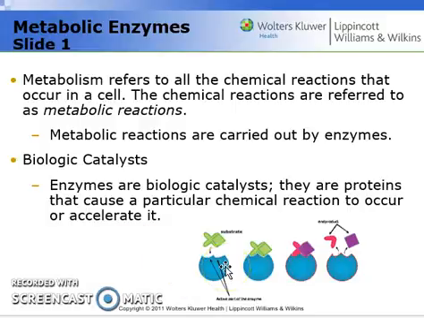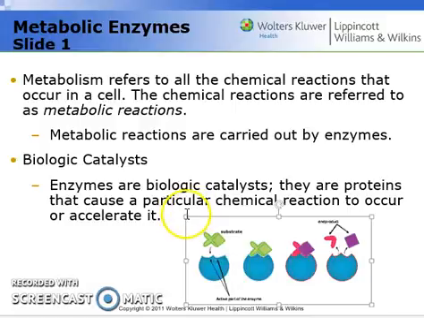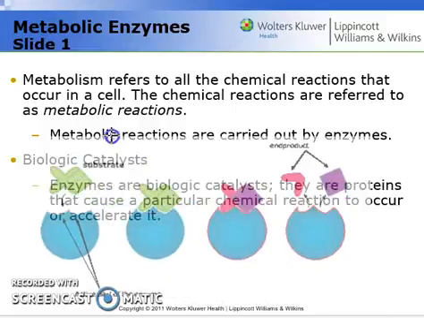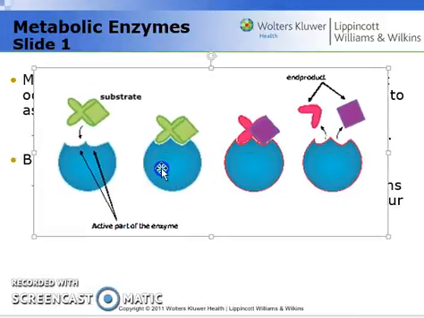The way an enzyme works is that it will only operate on a specific substrate. Here we have a substrate, here we have the enzyme. Your enzyme is outlined in blue, the substrate is outlined in green. Your substrate and your enzyme have to fit together like a lock and key in order for that chemical reaction to occur, or to be expedited.